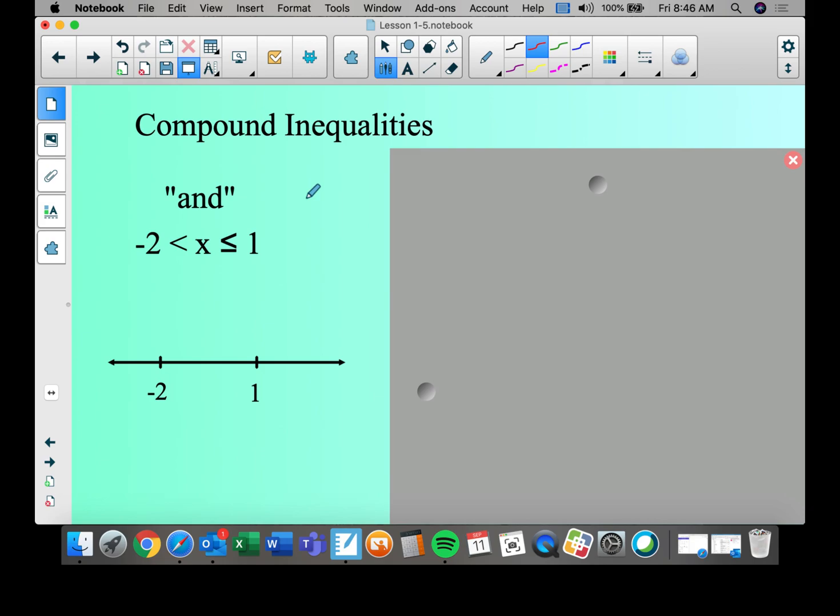And so here I'm going to put an open circle at -2 because you want the number strictly greater than that. I'm going to put a closed dot at 1 because that's a less than or equal to. And then I'm going to go through and shade in between. Anytime you have an AND type of compound inequality, you will end up with shading in the middle of your number line, between two numbers. Okay, so that's just a heads up on that.